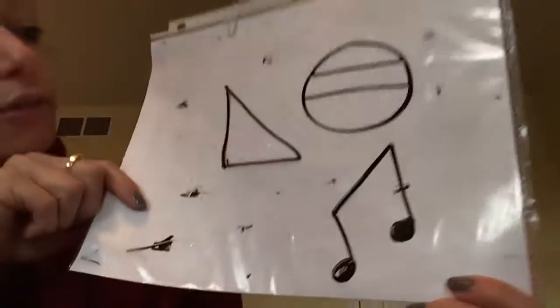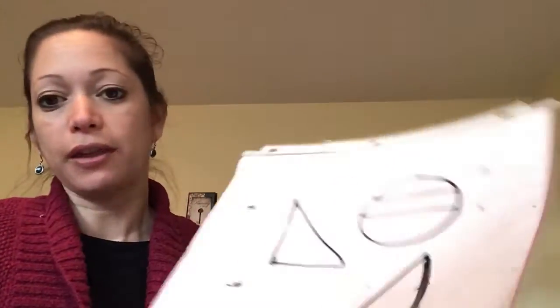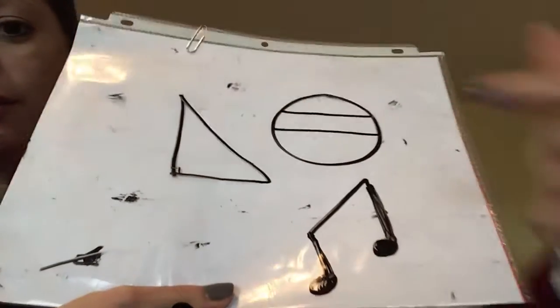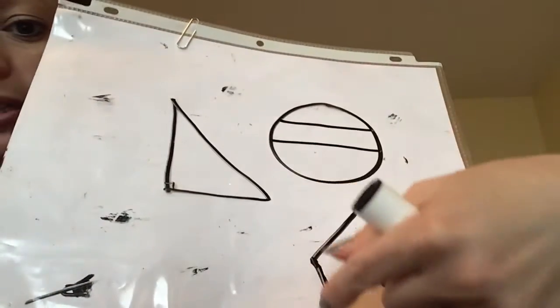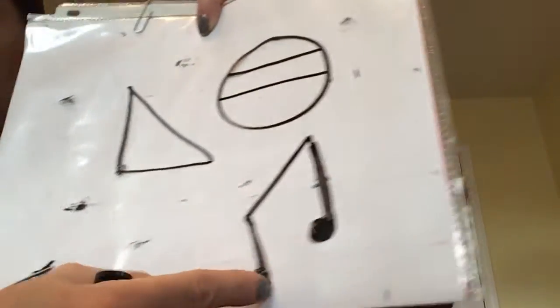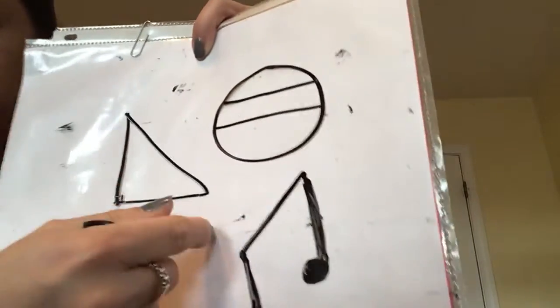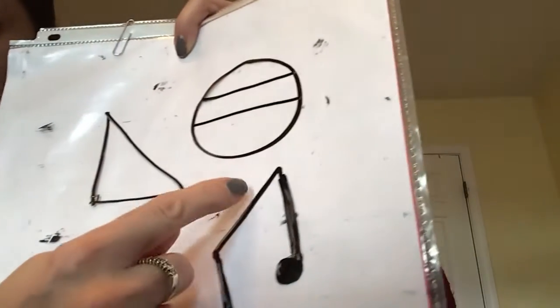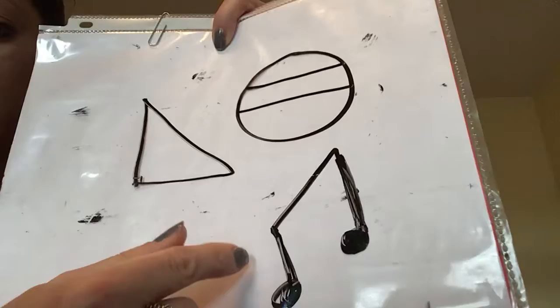Of course, I'm not completely even with what I was doing, but what I was trying to show you is our musical notes. The thicker lines there. Okay, this line going down is parallel to this line going down. This line on the side here does not have any parallel lines because there's nothing below it, right? Or above it that's parallel. But this line can be parallel with this line. Okay.